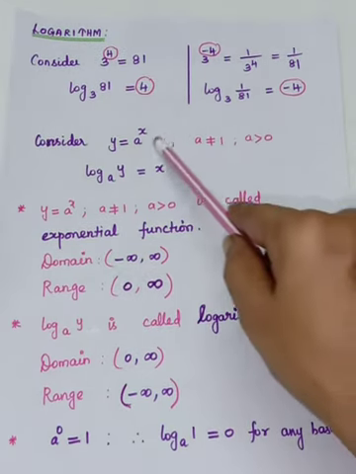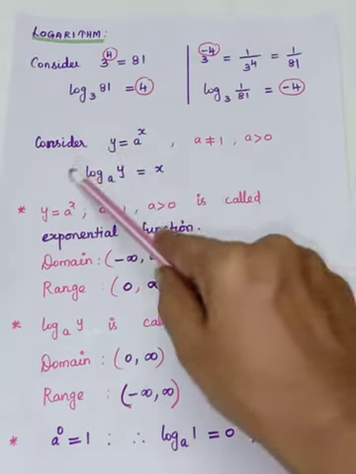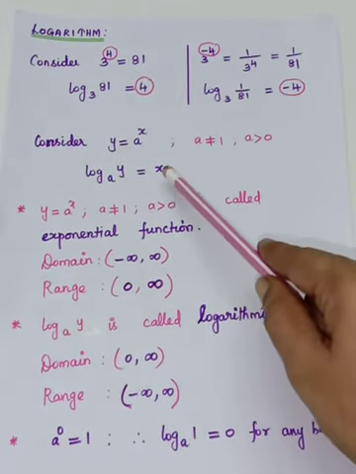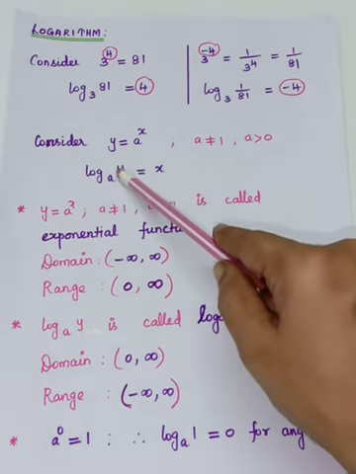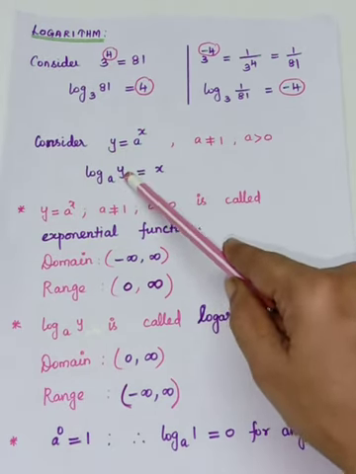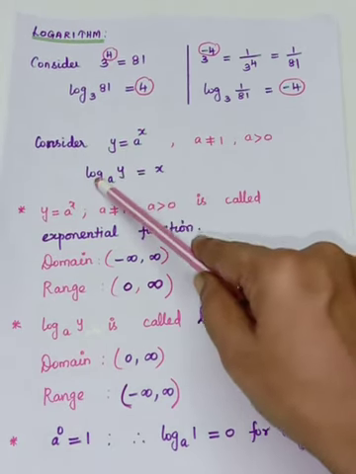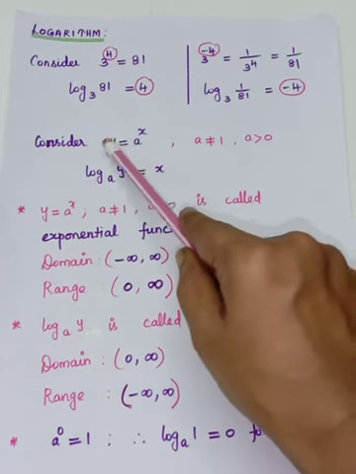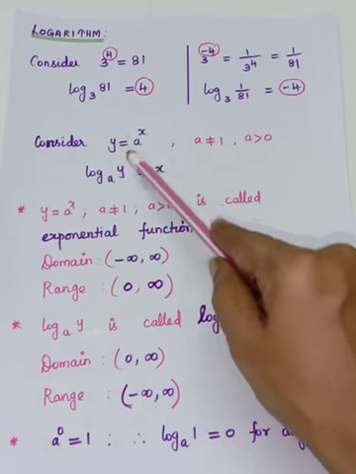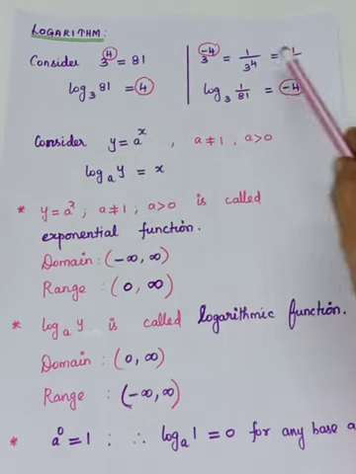Log y to the base a is equal to x is called the logarithmic function. Here y is the x value of the logarithmic function, isn't it? What is y? It is a power x, and a power x is always positive.